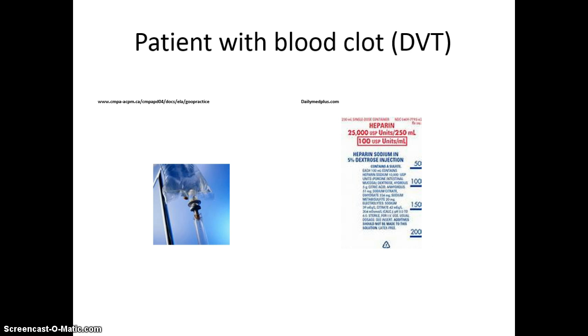Your patient with a deep vein thrombosis or blood clot might be ordered heparin IV. That usually comes as a pre-mixed bag, as you can see on the right side. And as we look at our heparin, it comes in that standardized dose so that when we use the nomogram, we can calculate the units per milliliter fairly easily.